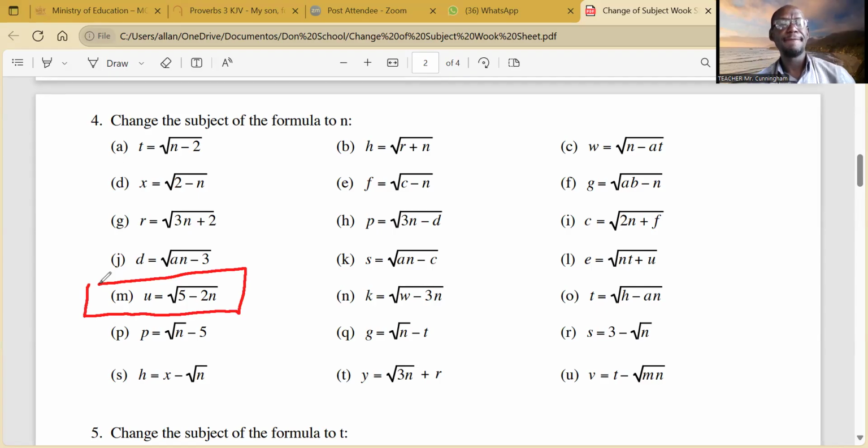We're doing m. M states that u is equal to the square root of 5 minus 2n. Remember, we're finding for n. Come on, people, send your answers. I want to see the answer for this one.